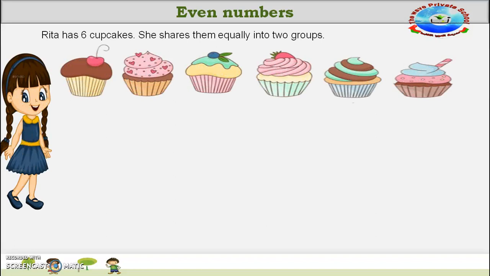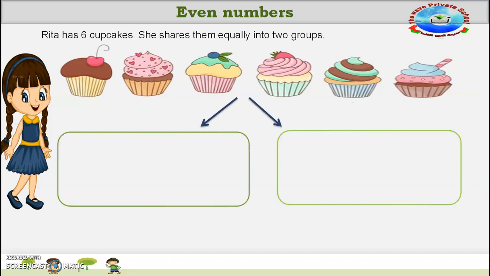Now, look at these statements. Rita has 6 cupcakes. She shares them equally into 2 groups. So, this is Rita and she has 6 cupcakes. She is going to share them equally into 2 groups. So, we need 2 groups.